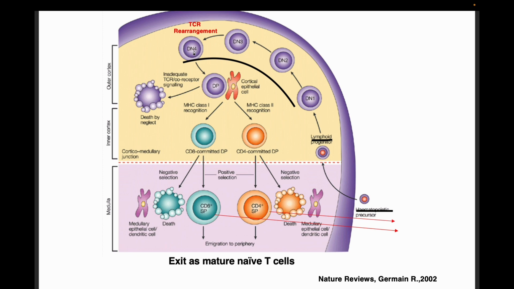After DN4, what happens is that the genes start coding for CD4 and CD8, both. So in the end we will have a double positive, DP cell. This double positive consists of what?